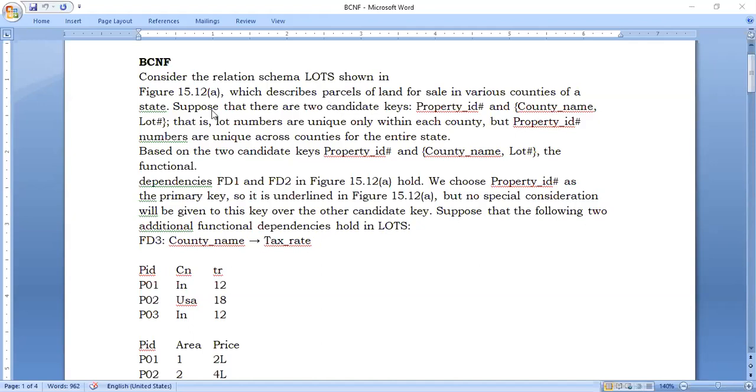Similarly, the same concept applies here. Suppose there is a table, and in that table we have multiple attributes. The attributes that are qualified to become a primary key are all called candidate keys. So by the definition, a candidate key is an attribute which is qualified to become primary key. What is the quality of a primary key?